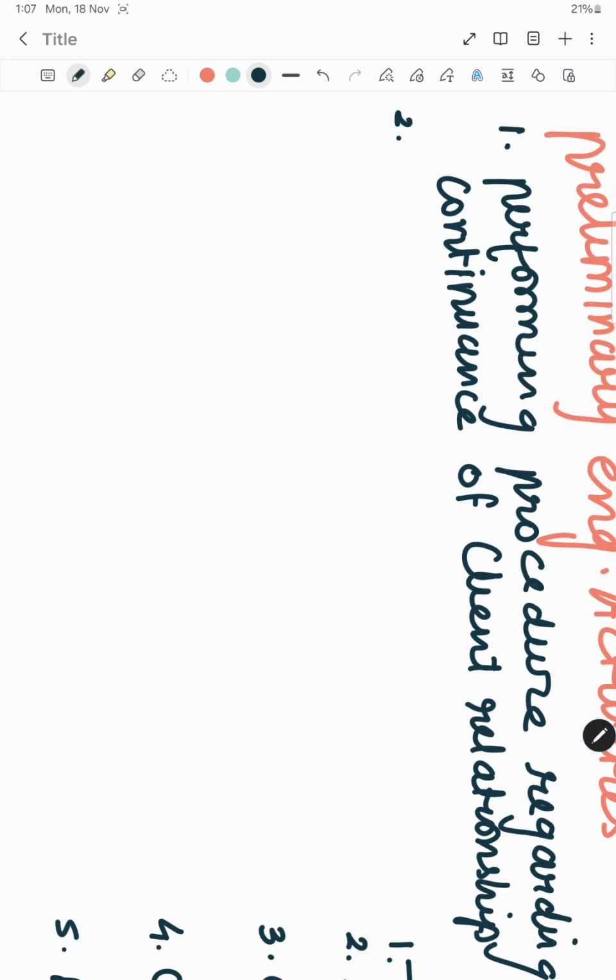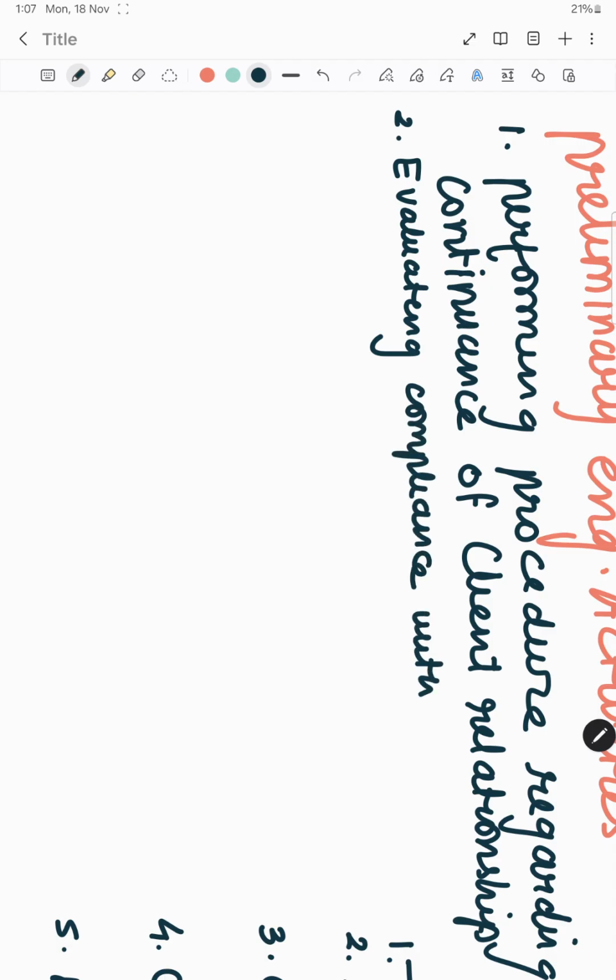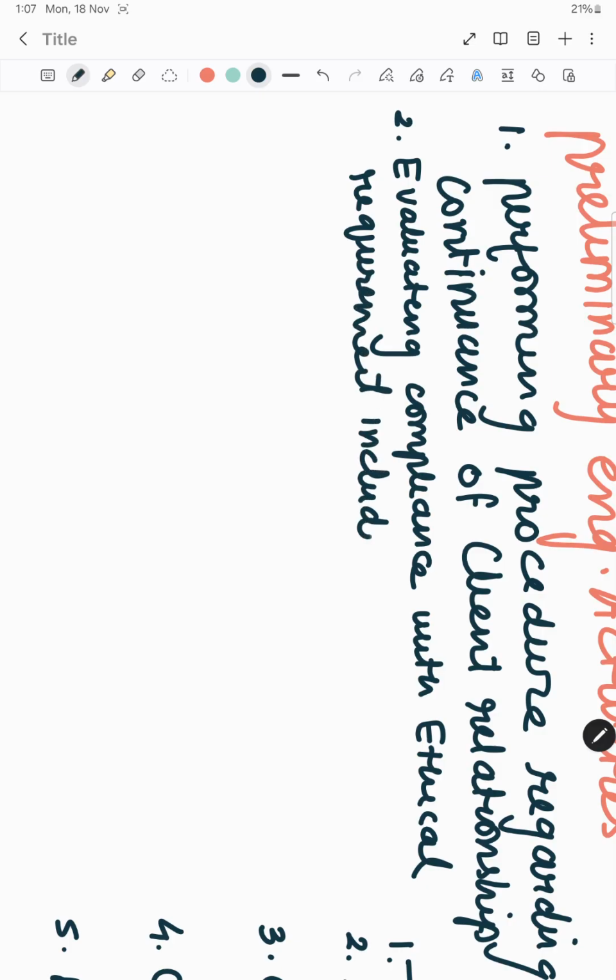Second is evaluating compliance with ethical requirement including independence.